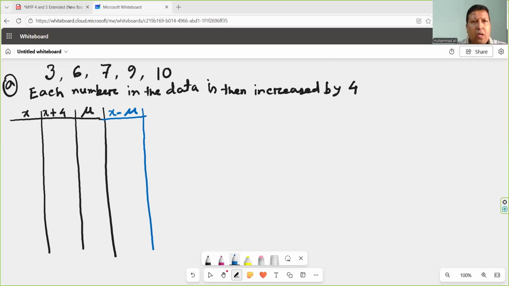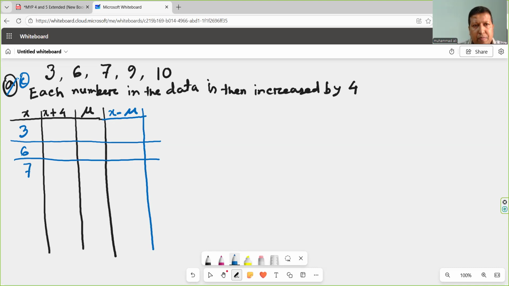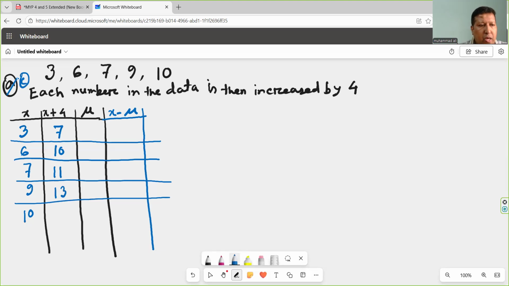So we want to do this question. Each number in the data is increased by 4. The original data was 3, 6, 7, 9, and 10. When increased by 4, 3 will be 7, 6 will be 10, 7 will be 11, 9 will be 13, and 10 will be 14.